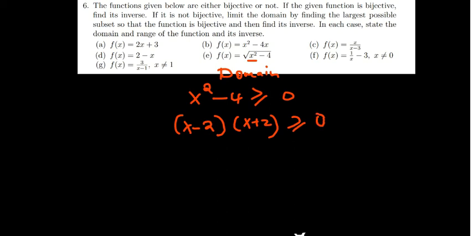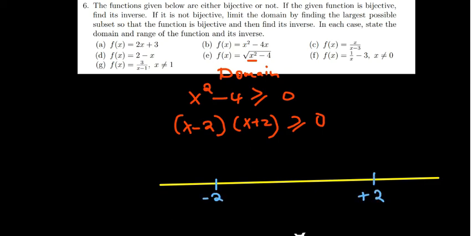So we can solve that as an inequality. So we can get the zeros at the points where x is equal to 2 and x is equal to negative 2. So we have to find whether the numbers in between or outside this range will satisfy that inequality.